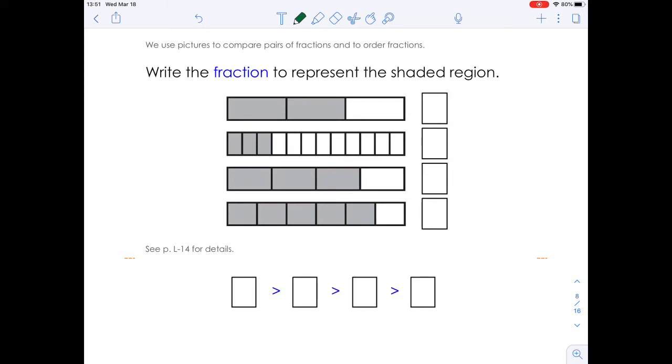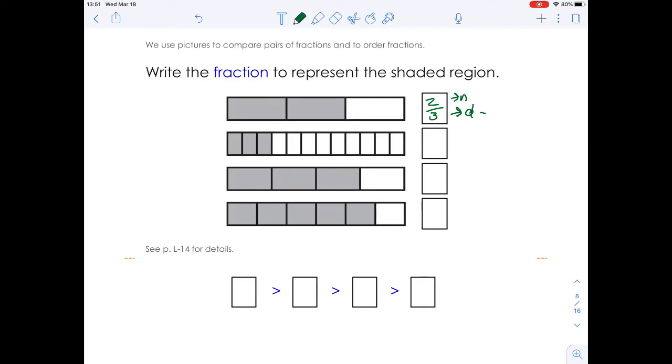So over here we have 2/3. So remember the denominator is, I'll just put a D for denominator, how many make up the whole, and the numerator here is how many pieces we actually have, and it's always the number of shaded pieces.